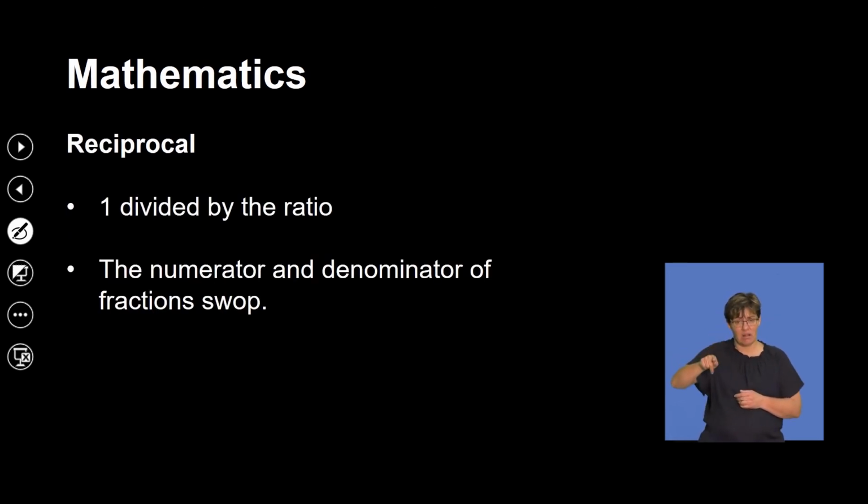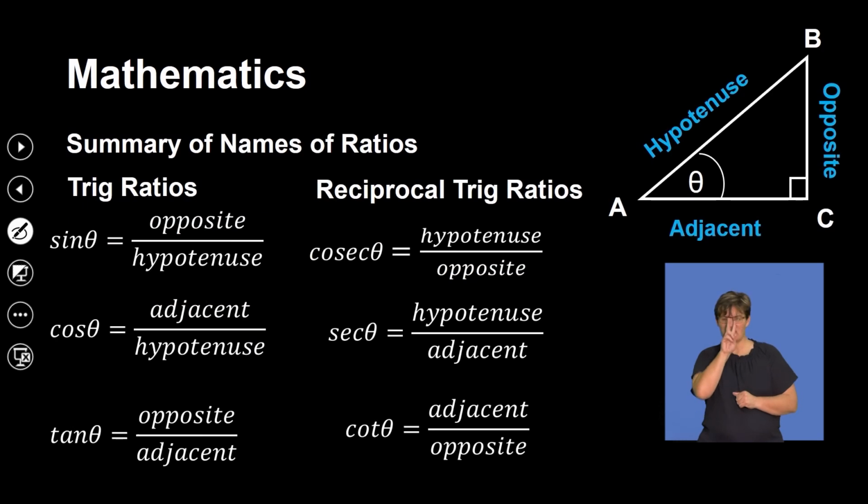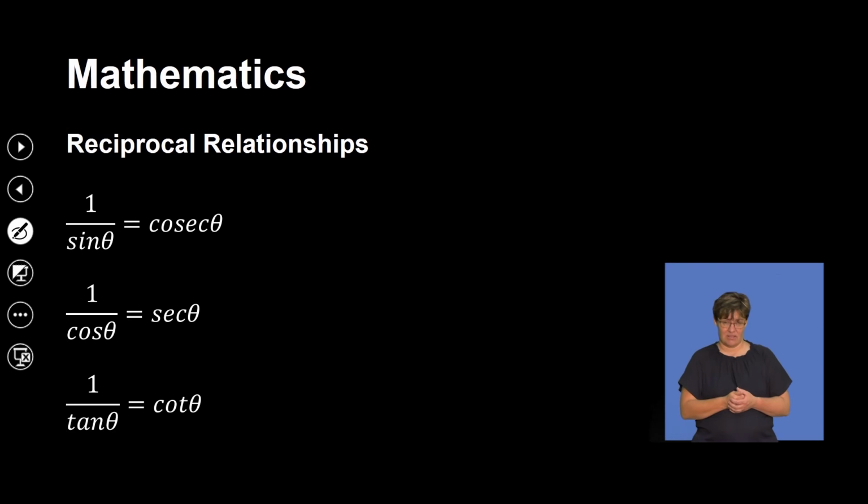A reciprocal will be 1 divided by the ratio, and the numerator and the denominator of the fraction swap because of the 1 divided by. But let's see exactly what this means. You can see from what I spoke about with the summary, trig ratios here and reciprocals there.